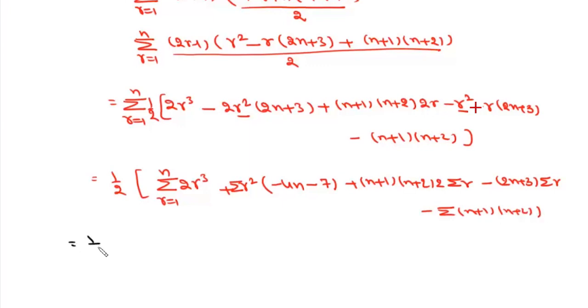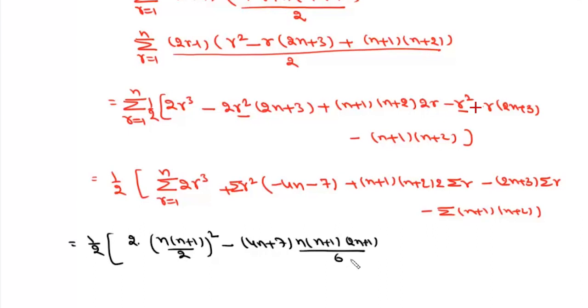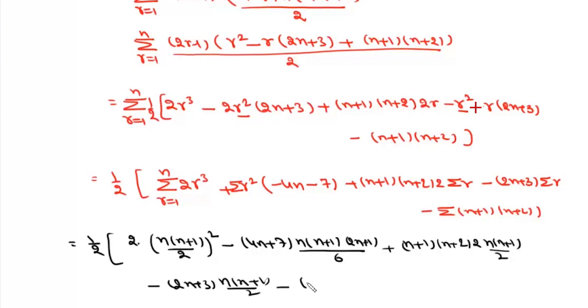Now this is 1 by 2, and this is 2, and summation r cube is n into n plus 1 by 2 whole square, and here it is minus 4n plus 7 into n into n plus 1 into 2n plus 1 by 6, plus n plus 1 into n plus 2 into 2, and this is n into n plus 1 by 2, minus 2n plus 3 into n into n plus 1 by 2, and minus n plus 1 into n plus 2 into n.